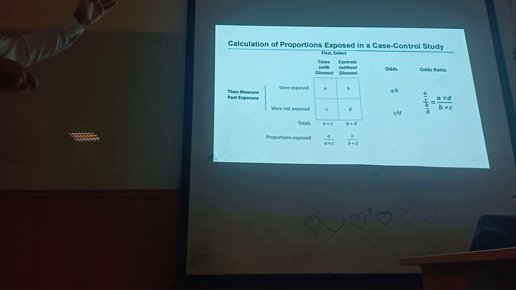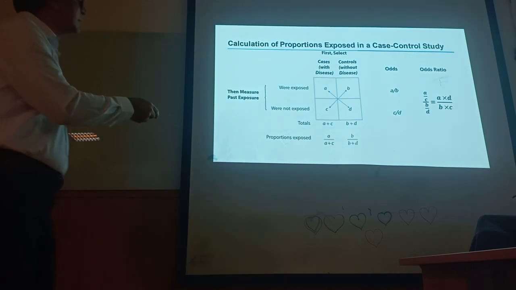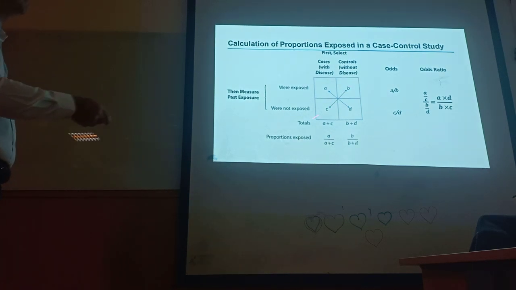So it means that A over C divided by B over D, which is A multiplied by D divided by B multiplied by C. This is the formula for odds ratio in case control studies.